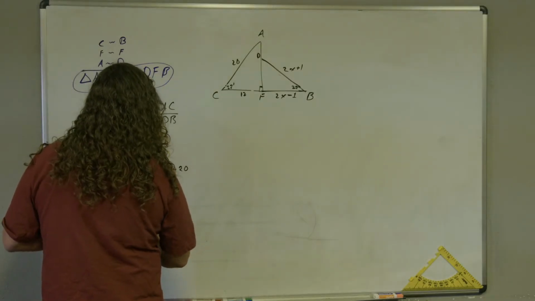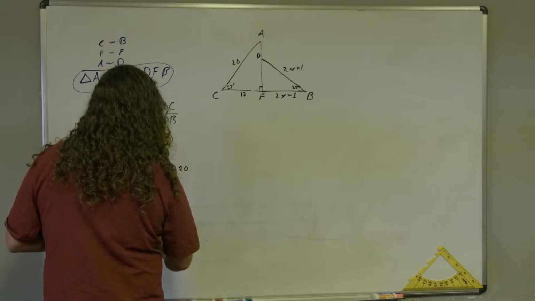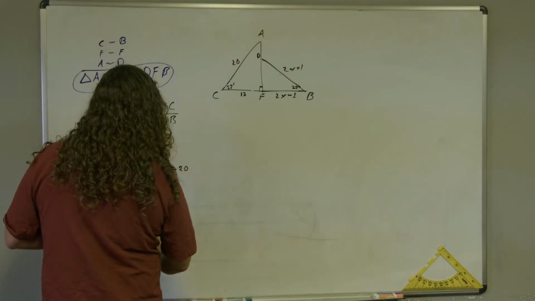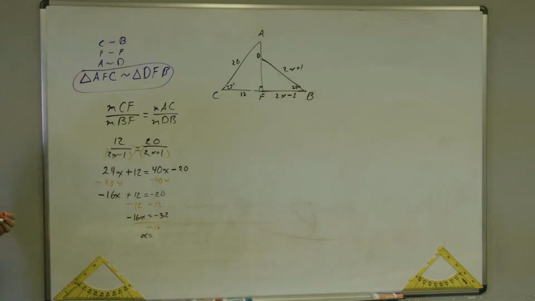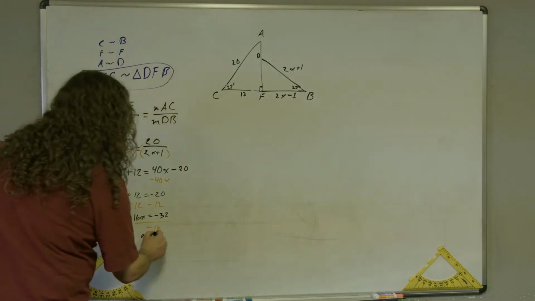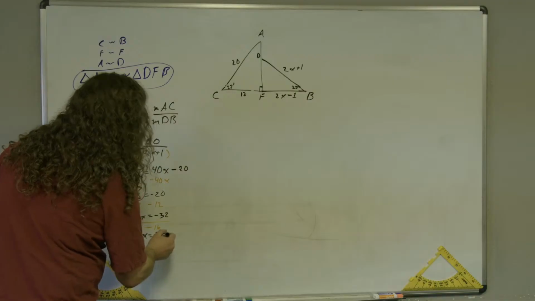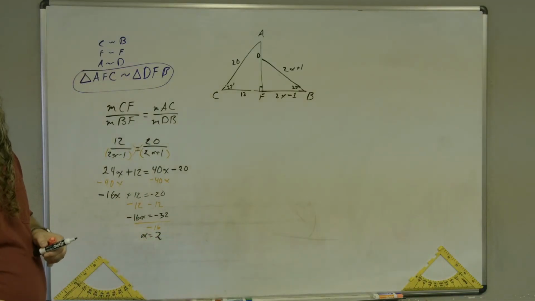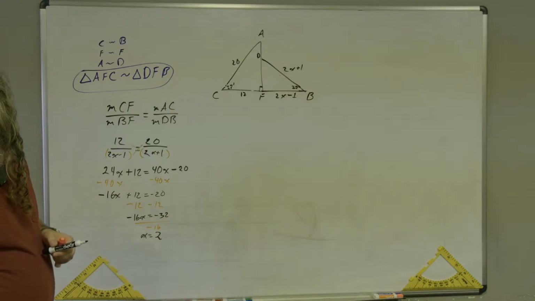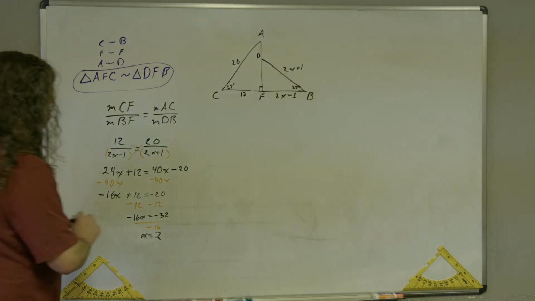And then we divide by negative 16, and we get x equals what? 2. Now we need to double check whether it wants x or whether it wants us to plug that back in and find the sides. Let's see. It says find each measure, so probably just x.